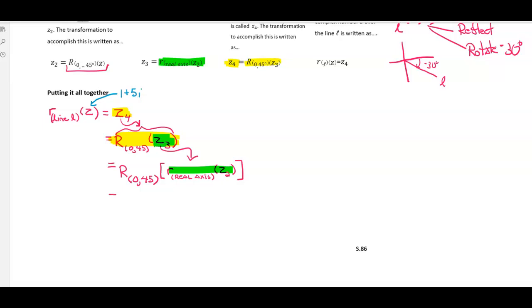Okay, so now this is going to be R 0, 45, bracket, reflection, real axis, and now instead of writing Z2, I'm going to write this.